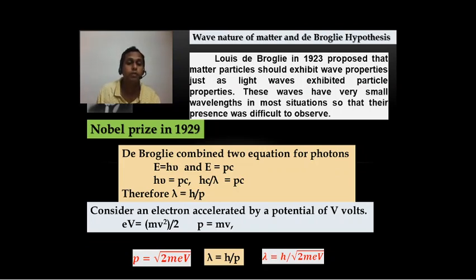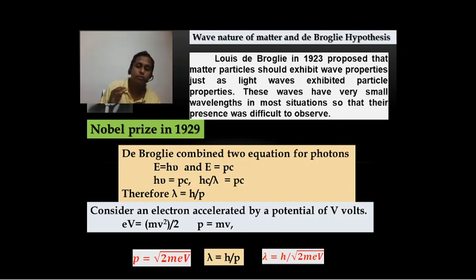Suppose the mass of the bus is 2000 or 5000 or 10,000 kilogram, for some example, say 5000 kilogram, and its velocity is something. Then lambda is equal to 10 raised to minus 34 divided by 10 raised to 3 or 4.